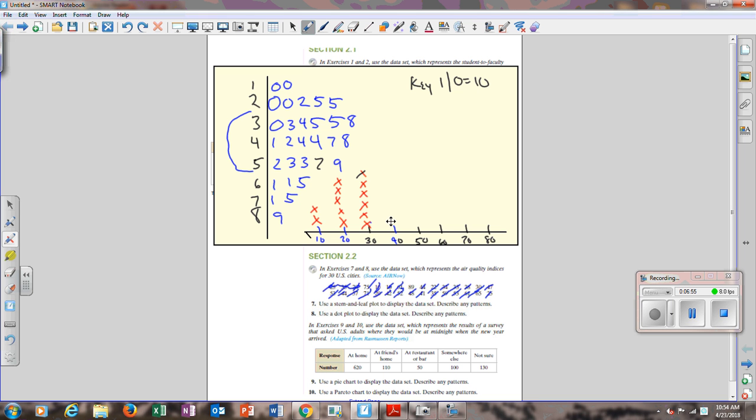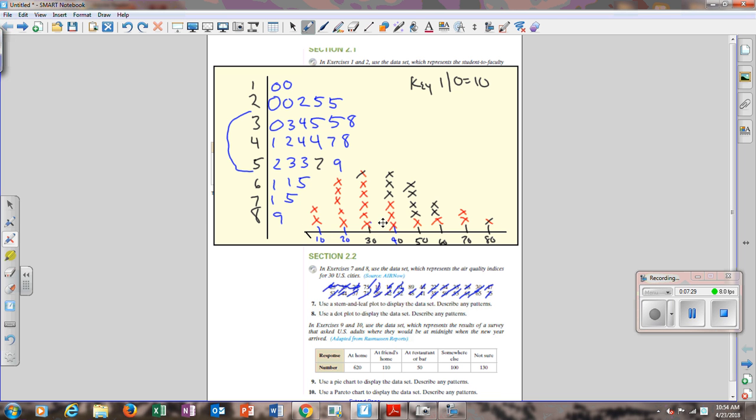So we're going to have 6 40s. Then 50s is going to be 5. 60s is going to be 3. 70s is going to be 2. And 80s is going to be 1.